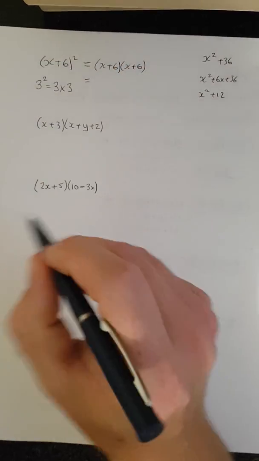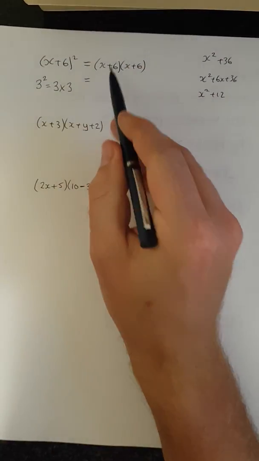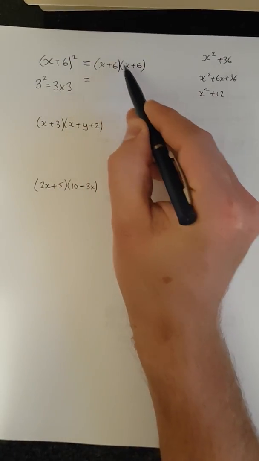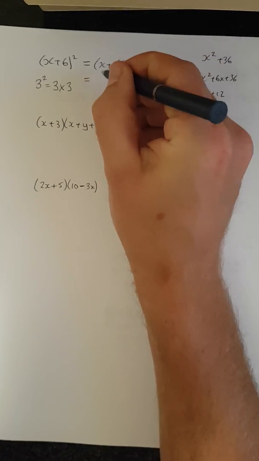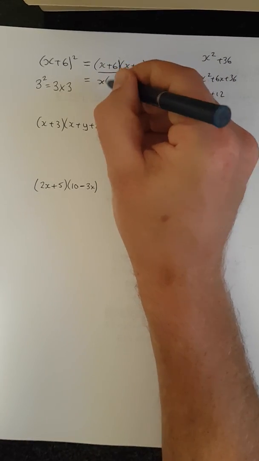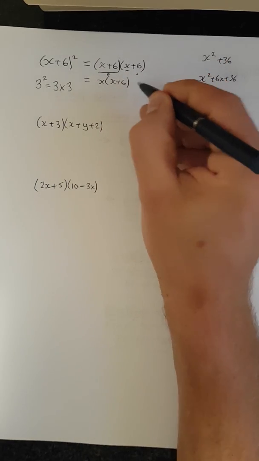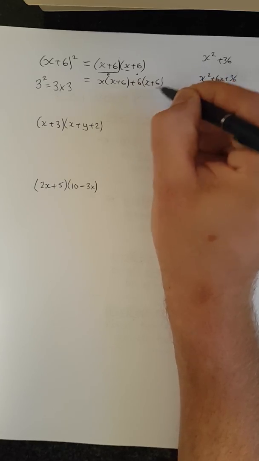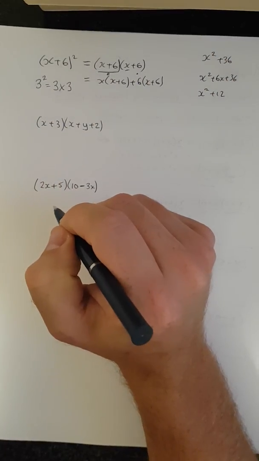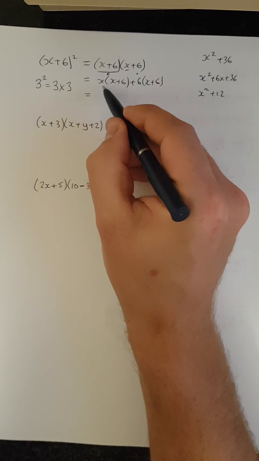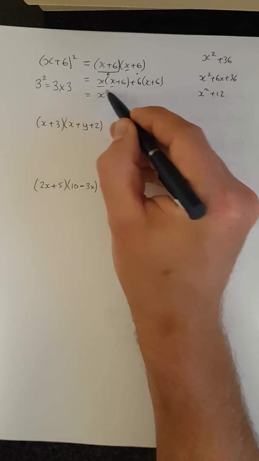Now we can approach it in the same way as before. The whole of the first thing times the first term. And the whole of the first thing times the second term. Then we expand our single brackets.